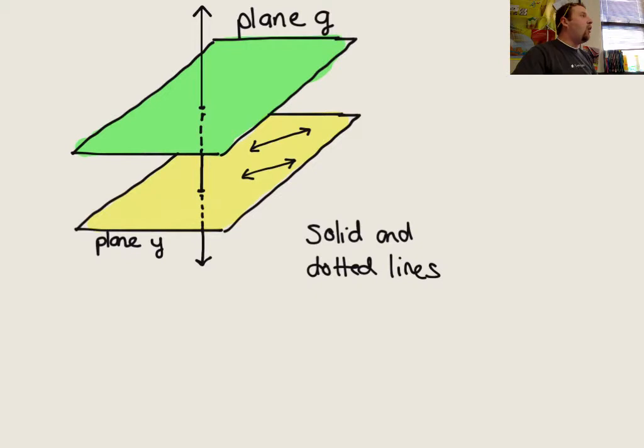How do I know? What about the solid dotted tells me that they're on yellow? It's solid all the way through, and dotted shows you that it's going through. Right. So those two lines have to be on yellow because they're solid. So they're not under yellow. If they were under yellow, they'd be dotted. Very good.